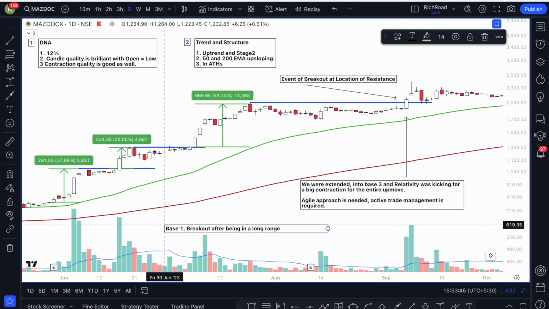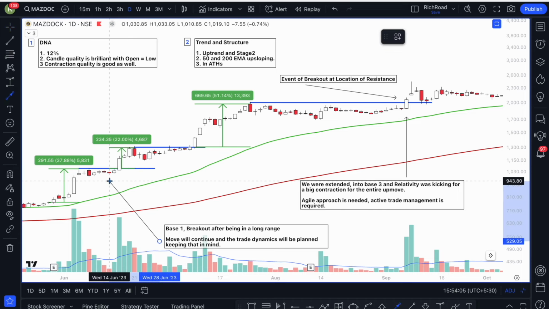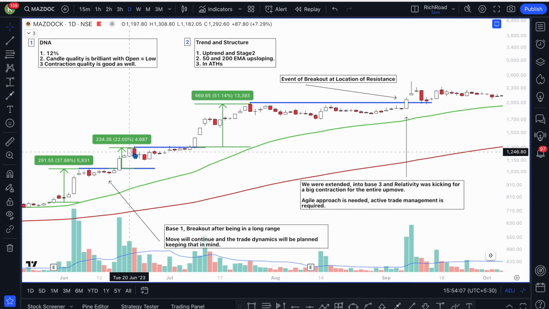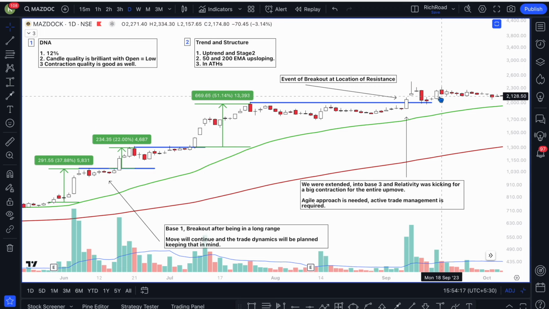So if you are here, probabilities are more that the move will continue and the trade dynamics will be planned keeping that in mind over this base, right? And that's exactly what happened. You had a consolidation for a 22% up move, and then you had a move again. Then you had a move again, but then the contraction was big, and eventually you went into a big range. So that was the difference.